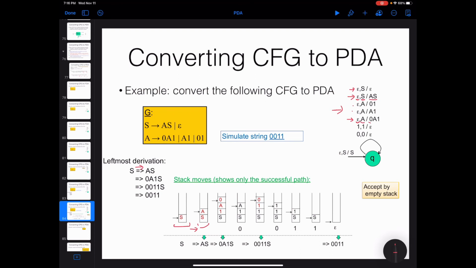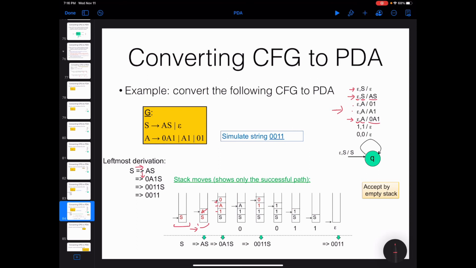Just pop it and replace it with 0A1. So A will be popped from the stack, and 1, then A, then 0 will be pushed to the stack. Basically, this is exactly the second step of the leftmost derivation.